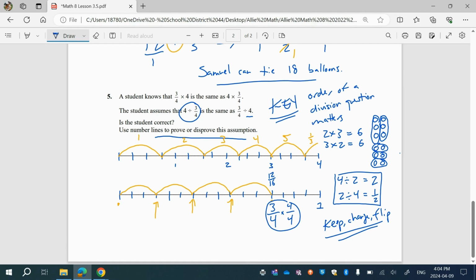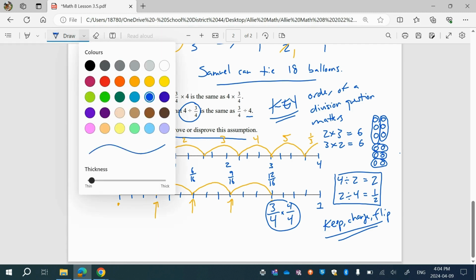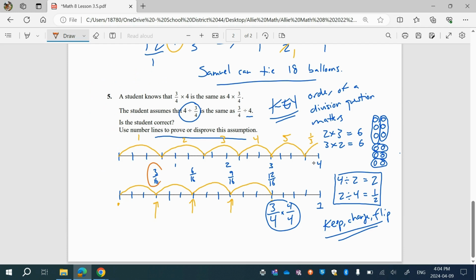And now it's easier to see our jump. So we would make one jump of 3 out of 16, then another jump of 6 out of 16, another jump of 9 out of 16, and our last one is 12 out of 16. So our answer here, and don't worry, I'm not going to make you do this, is 3 out of 16. So very different than our answer of 5 1/3.